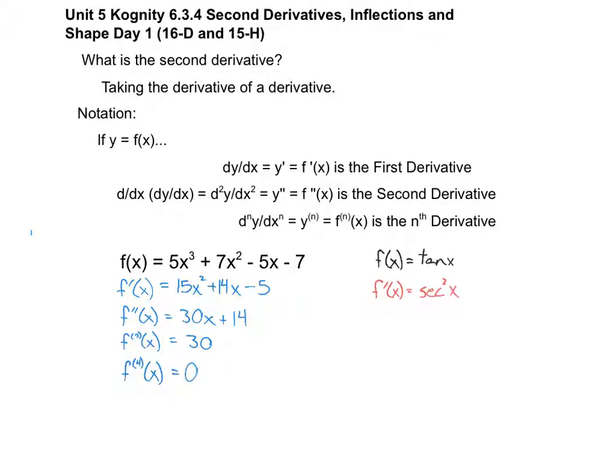But now I have a function in a function, the secant is in the square. So for the second derivative, I take the derivative of the square, which is 2 times secant to the first, multiplied by the derivative of secant, which is secant times tangent. So the second derivative of tangent is 2 secant squared times tangent.